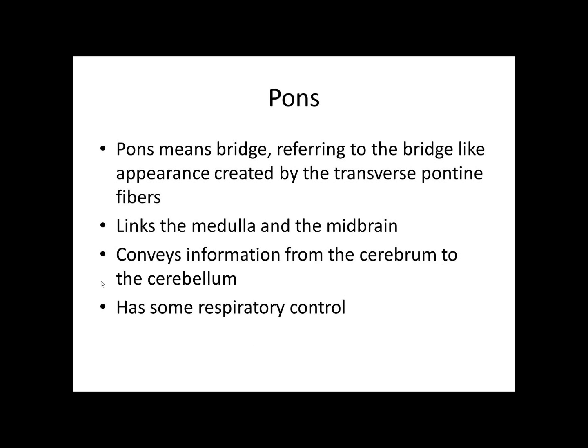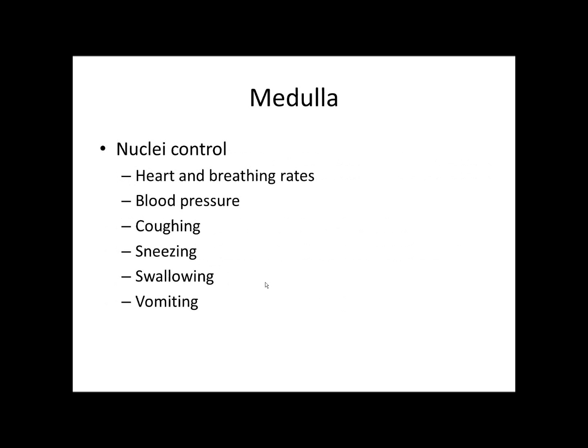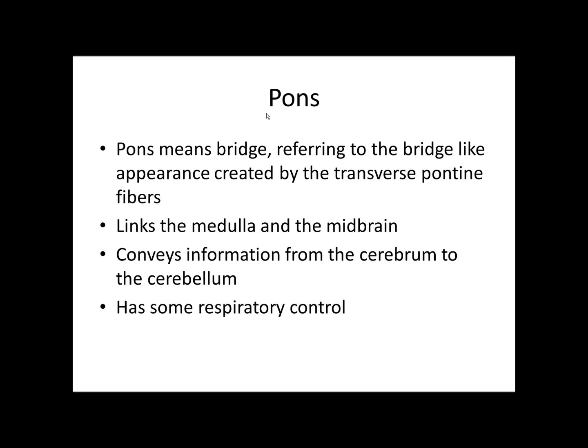So even if the respiratory function is inhibited in the cortex itself, in the brain, the pons can maintain respiratory function even if the person is brain dead. They can continue to breathe to some extent, as long as the damage doesn't reach this level.